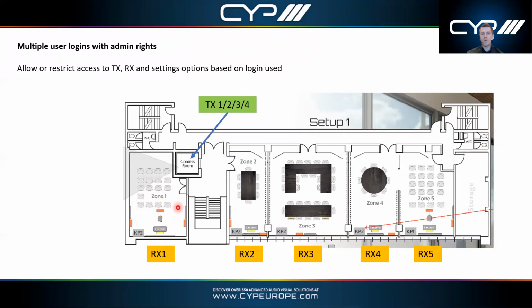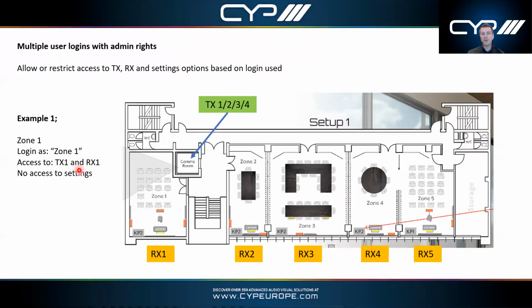Obviously, if you're in zone 1, you don't want somebody from zone 3 putting their content onto your screen or turning off your screen or something like that. So what we've done now is we've added user logins to the IP-CS7 controller. So here's an example, example 1. You would set a login as zone 1, so you get a username and password, say the username is zone 1, and the password is zone 1.